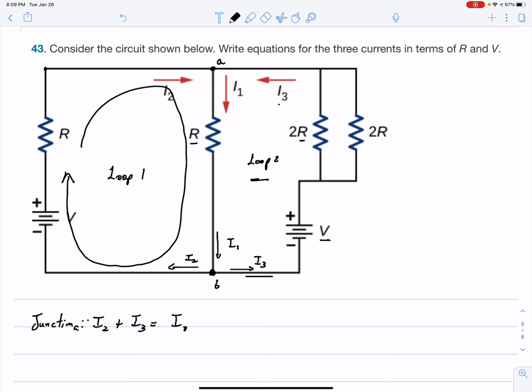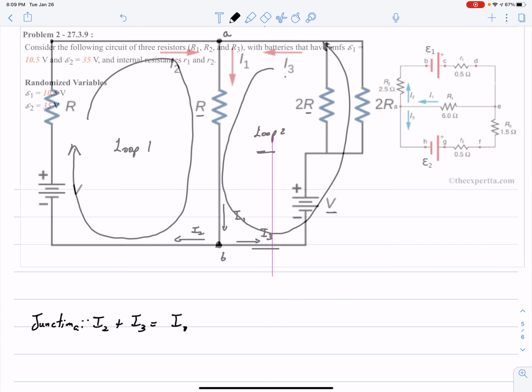And I'm following the current as well. So I'm going to go around here, back around, boom. That would be loop 2. Loop 1 is fairly easy. Loop 2 is a little bit more challenging just because there's a parallel circuit, and I'll touch on that now.